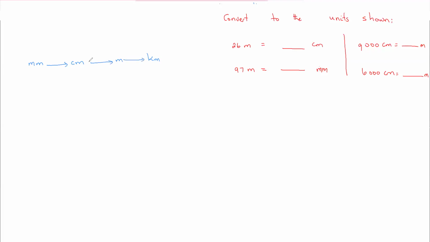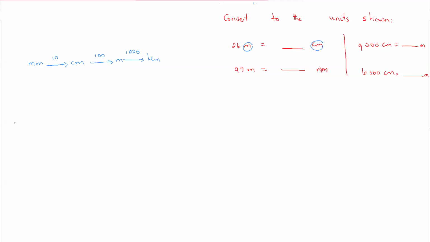We know that in between millimeter and centimeter was 10. In between centimeter and meter was 100. And in between meter and kilometer was 1,000. So this one, they asked us to change from meter into centimeter.